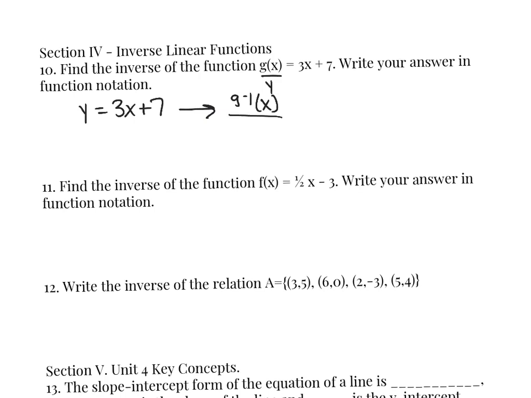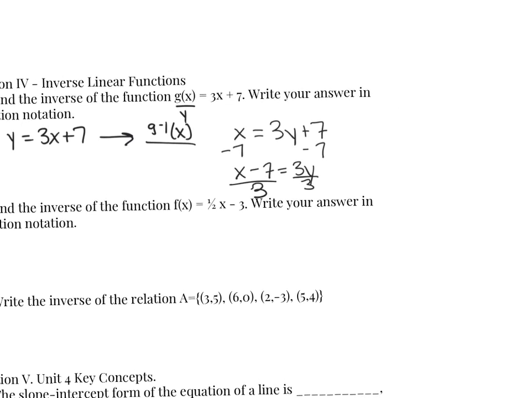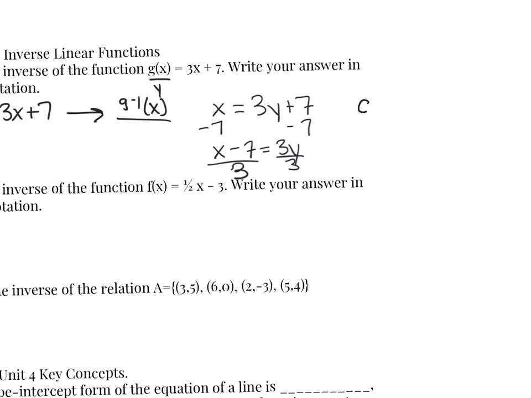I'm going to say x equals 3y plus 7. And this is what we did that circle puzzle on. Now I just solve for y. So I subtract 7, and I'm left with x minus 7 equals 3y. I divide this entire side by 3, and that answer is g to the negative first power of x, because I just want to go ahead and write it in function notation right away.